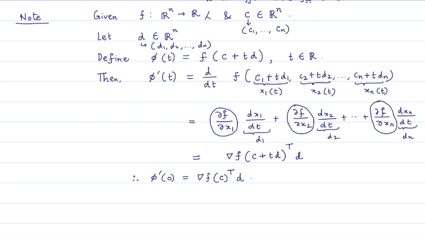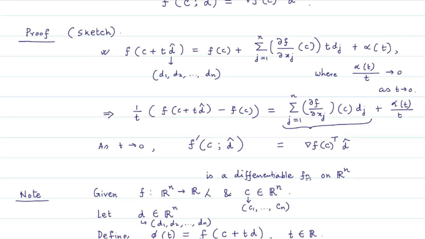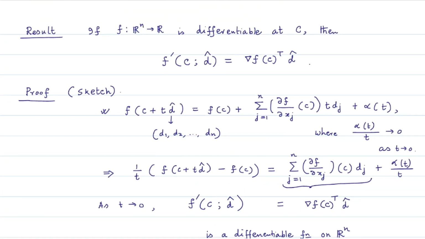Now I will end this lecture by mentioning the hierarchy of partial derivatives, directional derivative and differentiability. To find this hierarchy, let us relook at the results that we have gone through so far. We have seen that if a function f is differentiable, then it has a directional derivative at the concerned point c along every possible direction d hat.